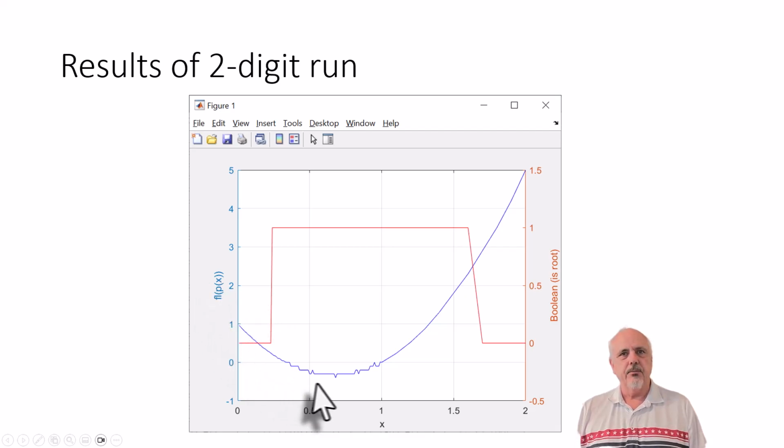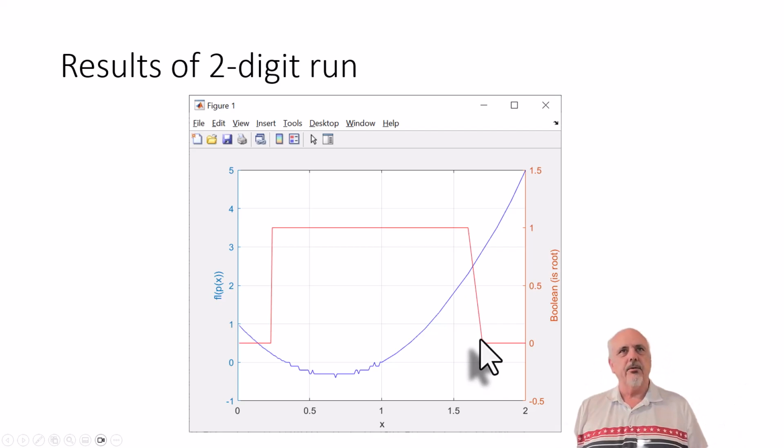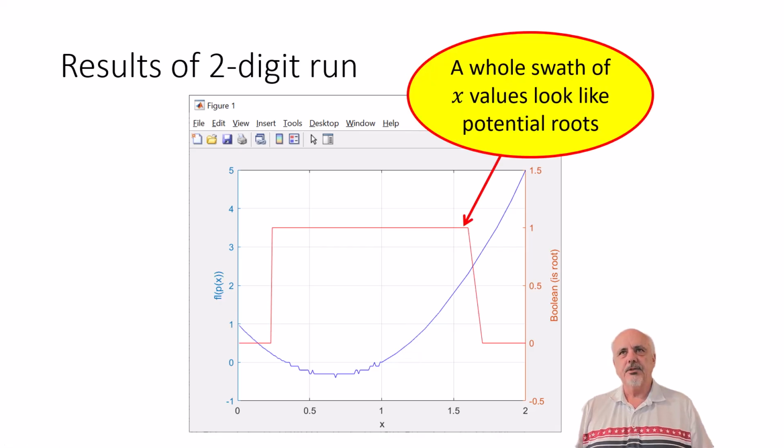That's in blue. And then in red, I'm showing a Boolean that says whether a particular X is a root or not. And you can see there's a whole swath of X values that claim to be within floating point round off. So that was quite interesting, a whole swath of X values that looked like they were potential roots.